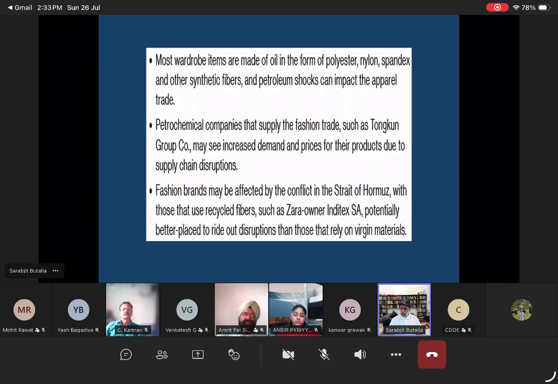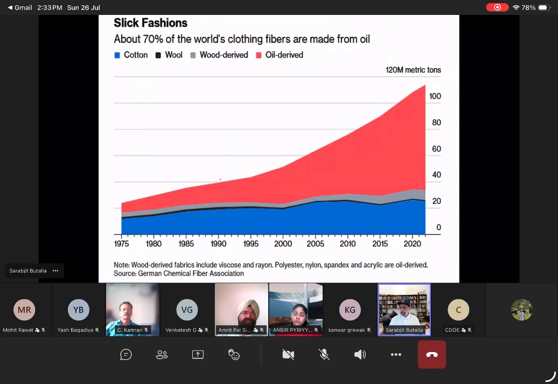Petrochemical companies that supply the fashion trade, such as Dongkun, may see increased demand and prices for their products. Fashion brands may be affected by conflicts in the Strait of Hormuz, while those which have recycled fibers, such as Zara, are better placed to counter these disruptions. So this is where you can see how the fashion industry is going to be impacted.